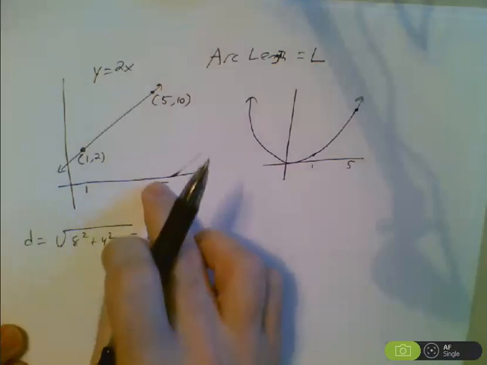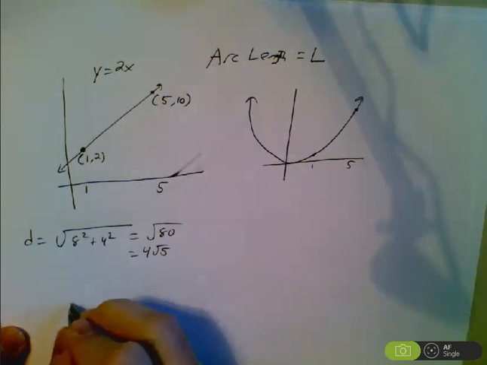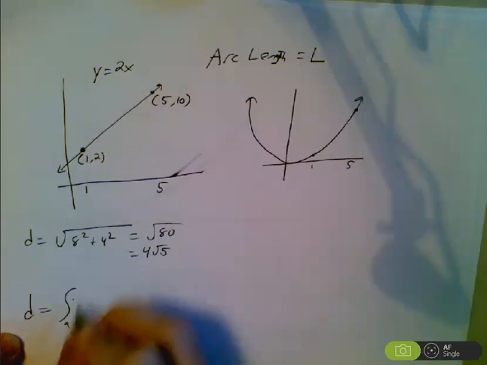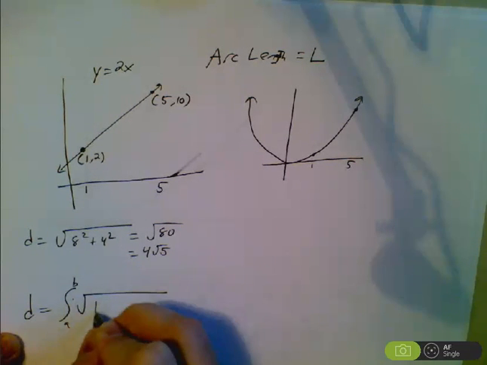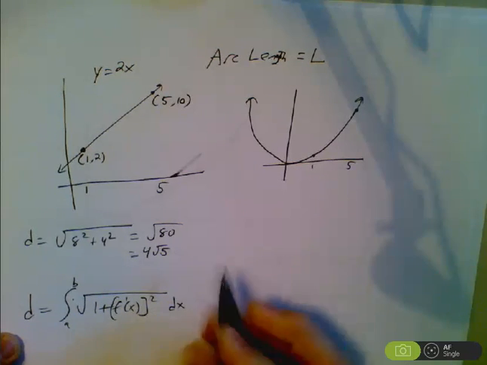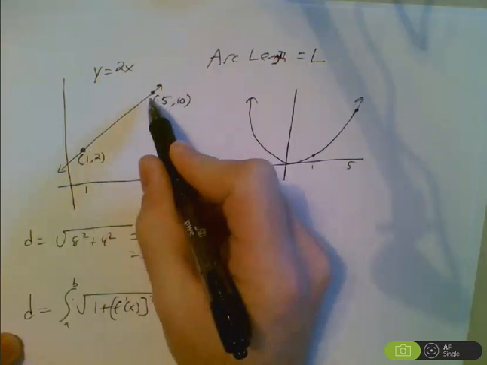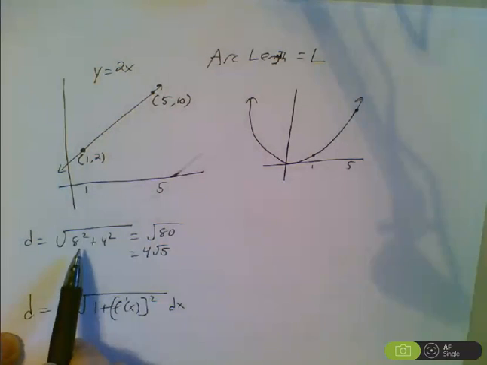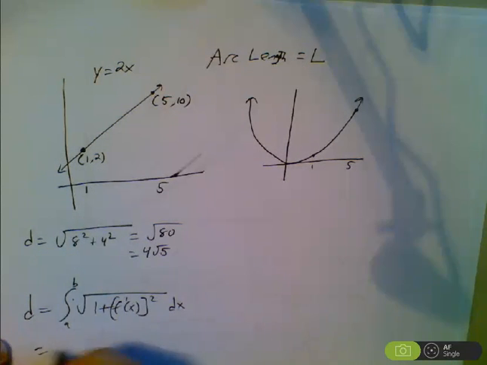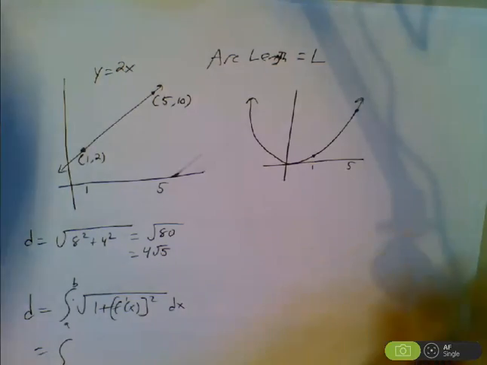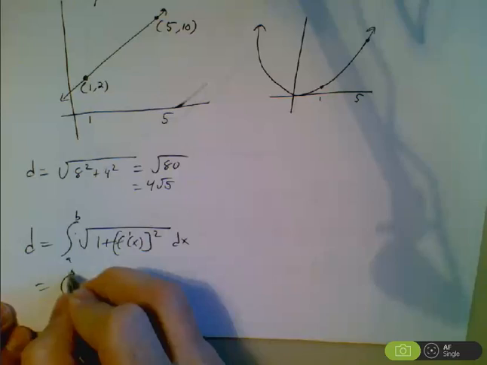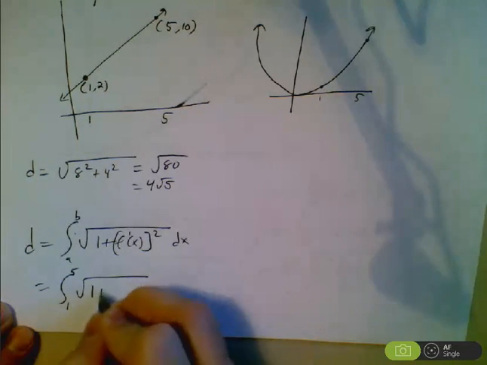Okay, so just for the fun of it, let's go back to the beginning. Let's go back to this example here and check it out. If the distance is the integral from a to b of the square root of 1 plus f prime of x squared dx, I should be able to find the length of a segment using the same method, right? I know it seems silly to do anything more than just what we did originally, but let's just see it work. So this is going to be from 1 to 5, square root of 1 plus f prime.